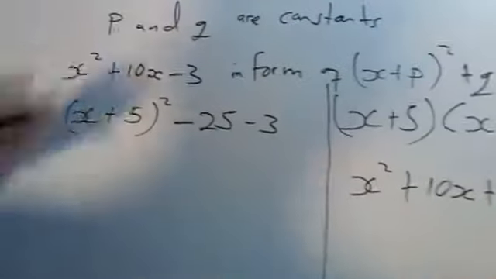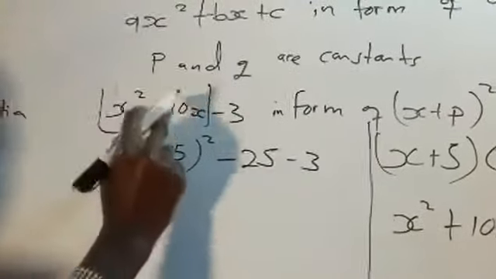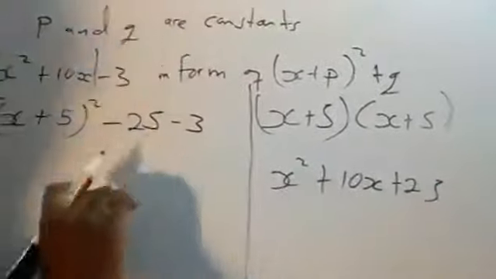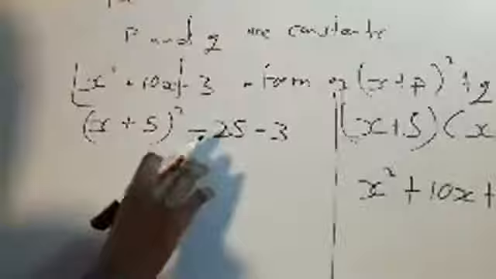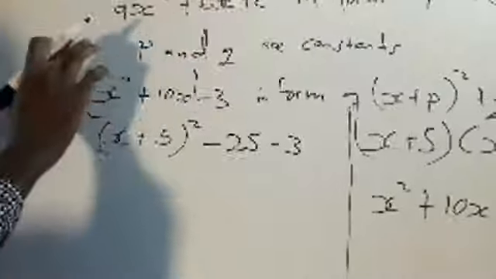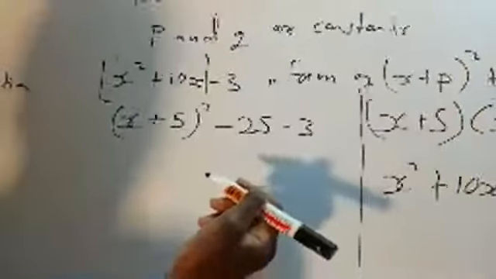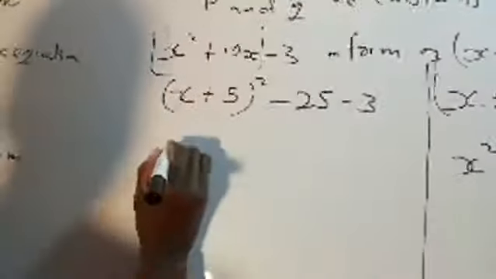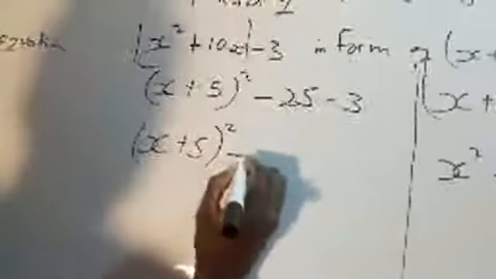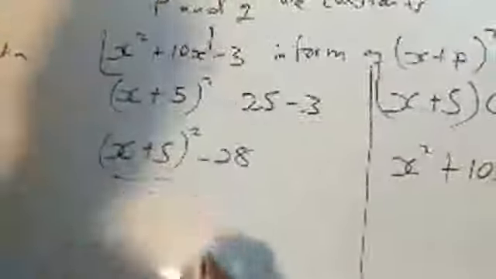The question was given only x squared plus 10x, so this 25 we subtract as well to meet the conditions of the question. So we get x plus 5 squared minus 28, and this is the answer.